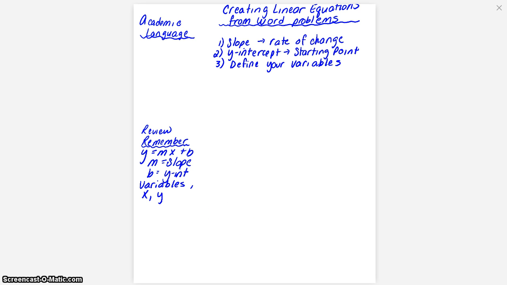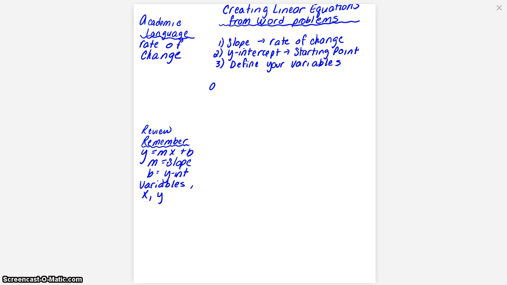Cool. And then I'm going to throw rate of change up here. Perfect. So these are the types of things that we need to pull out of the problem in order to write our linear equation. So if we took a problem, let's say we have a school dance, and I'm making this up off the top of my head.